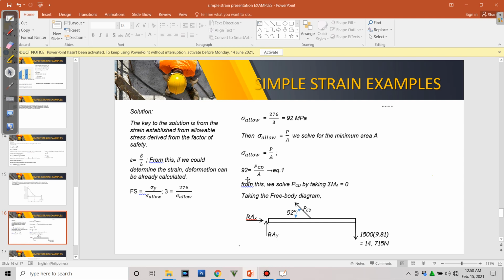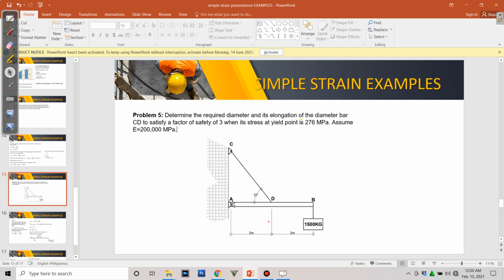Okay, however we do not know yet the value of the force along CD, so we can solve the force along CD by its free body diagram.